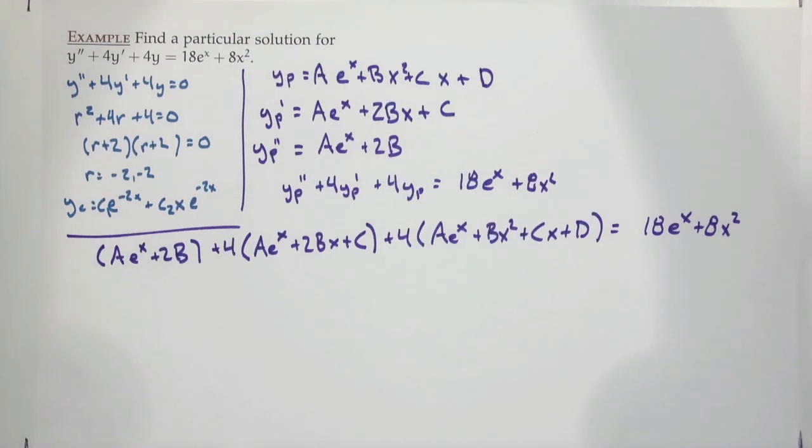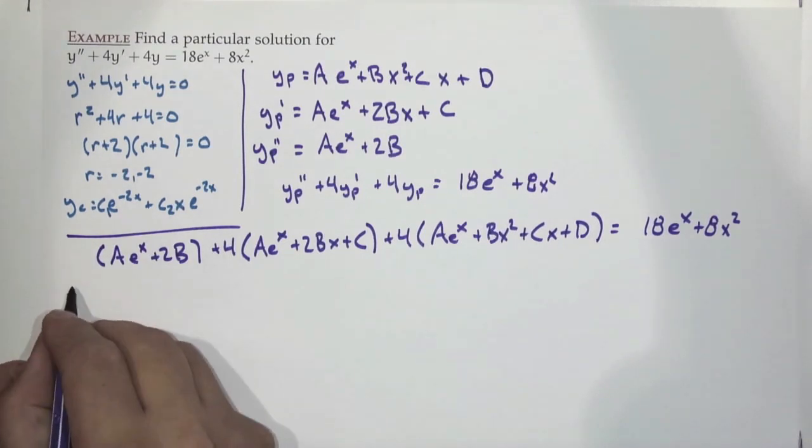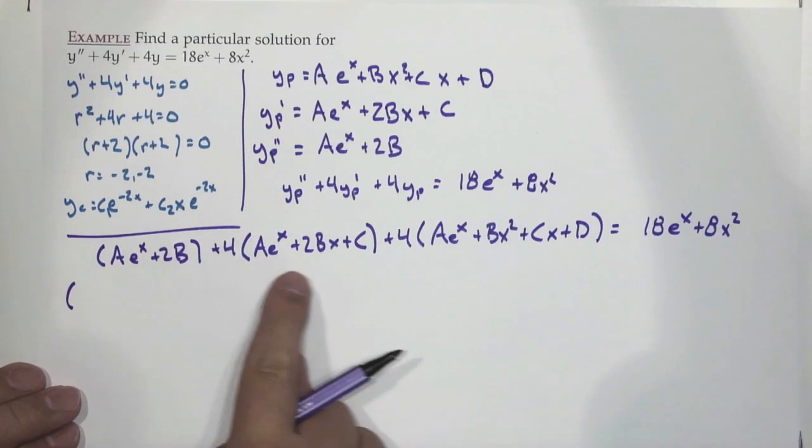Now, what can we do? We can combine like terms. We're going to combine it based on the function. So, for example, for the e to the x's, what do we have?